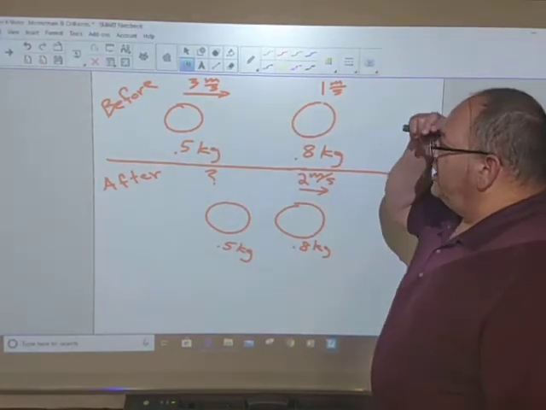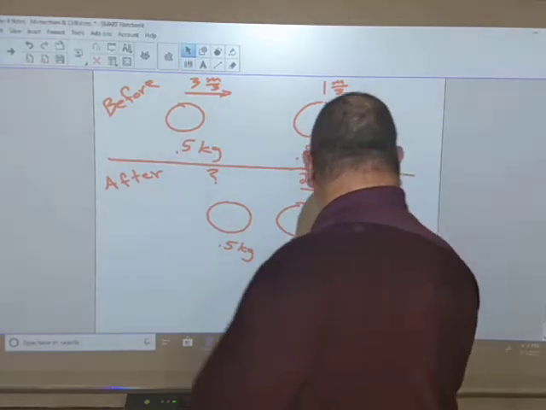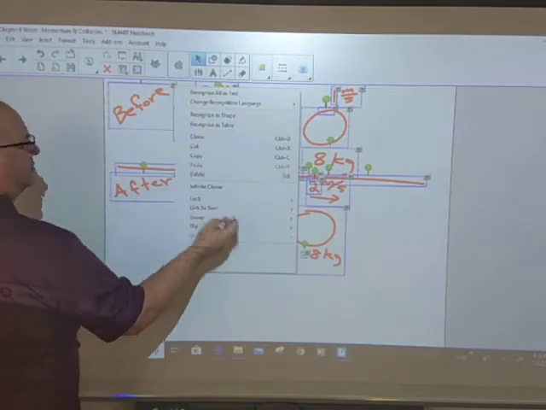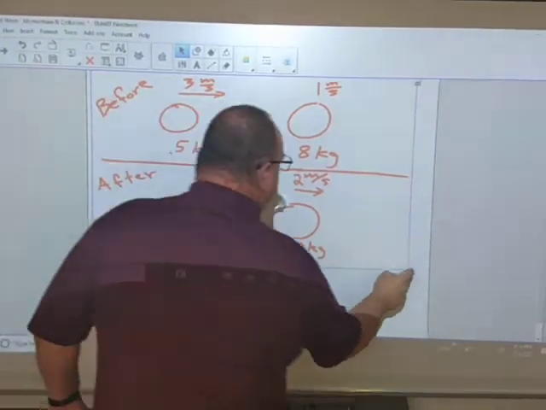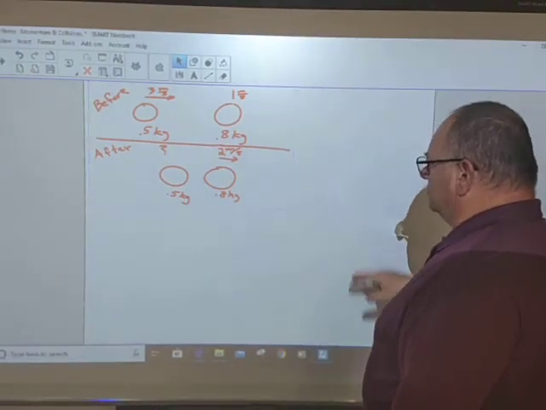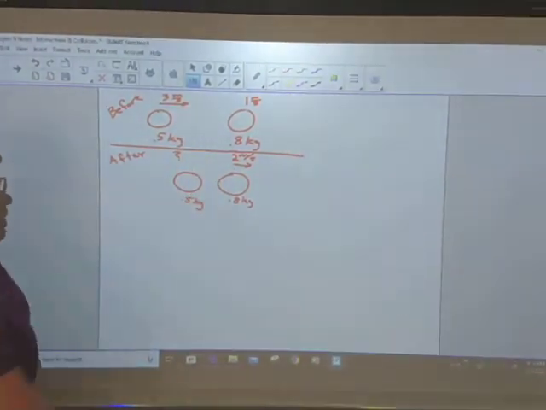Okay, let's try another. I'm going to try to shrink this whole thing. Hopefully you can still see some of that, but we just got 2 balls.